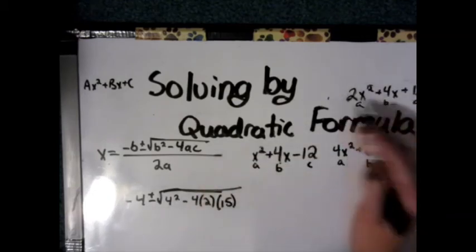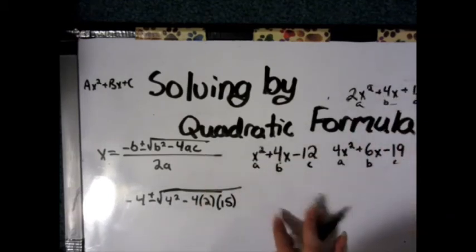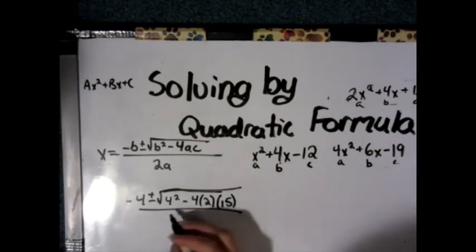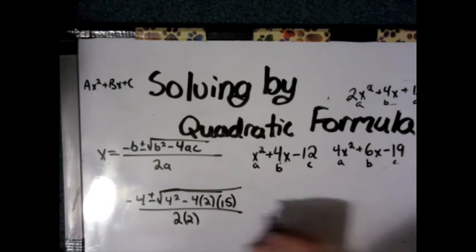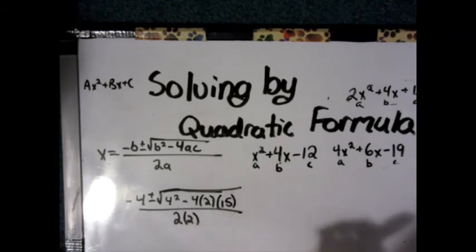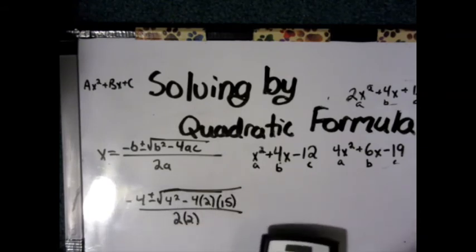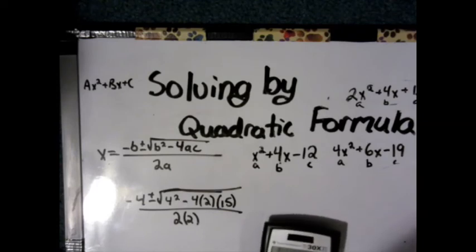I'm going off of this equation if I didn't make that clear, over 2a. So 2 times 2. And again, just solve what's in there.